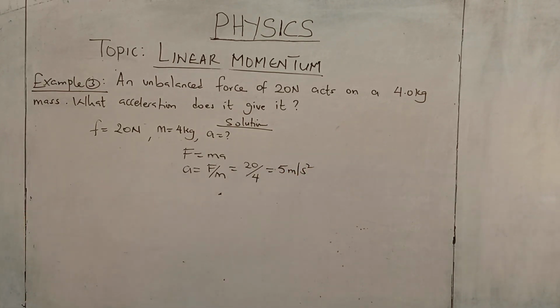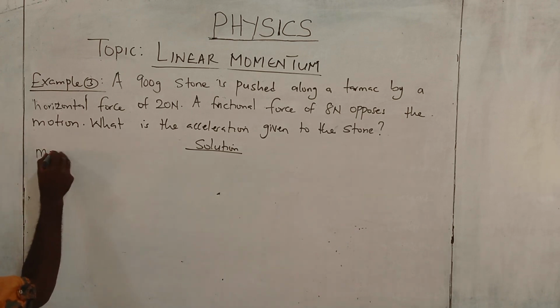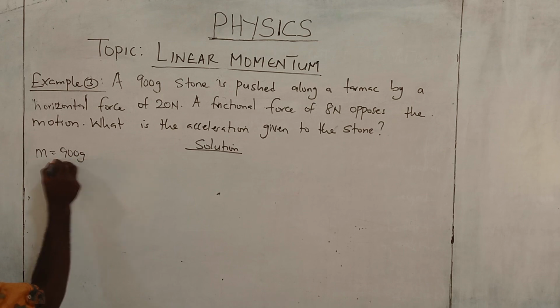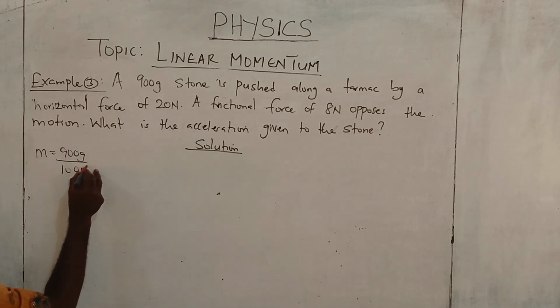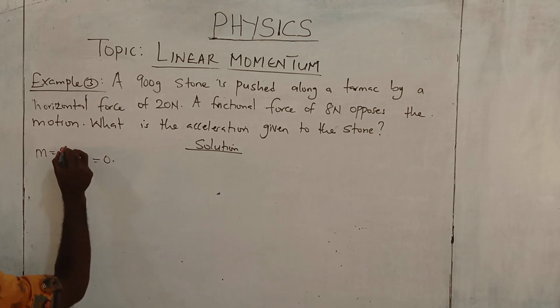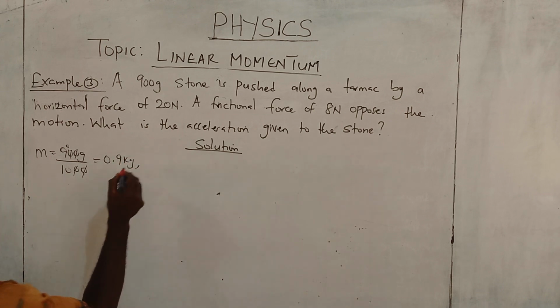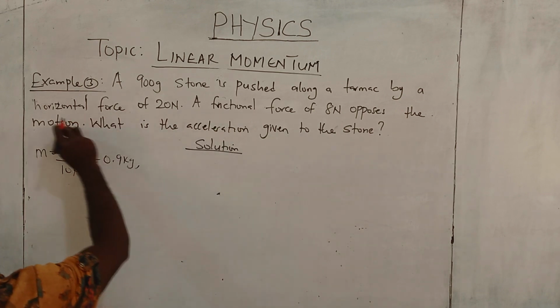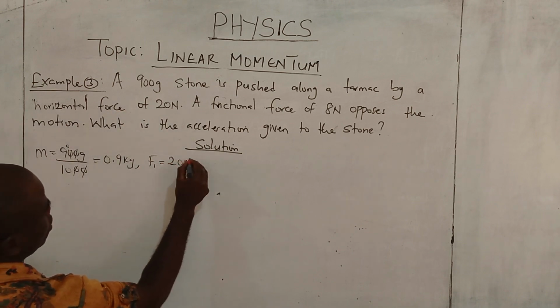Okay, let's bring out the parameters. The mass equals 900 gram. Convert to kilogram because the other units are in standard. Divided by 1000, that is 0.9 kilogram. Determine the net force. The horizontal force F1 is 20 Newton.